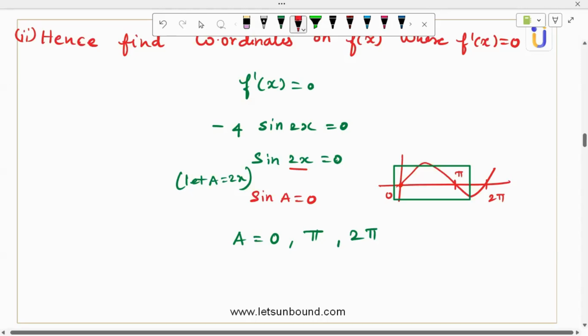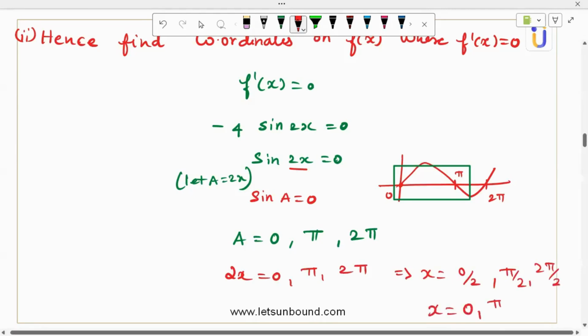Now I'm not looking for a, I'm looking for x. So 2x is equal to 0, pi, 2 pi. So what is my x? x is 0 over 2, pi over 2, 2 pi over 2. So x is 0, pi by 2, pi. So we got 3 values here, not just 2, right?